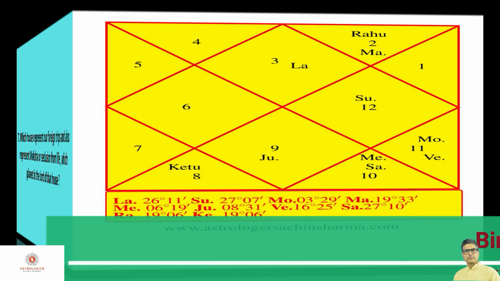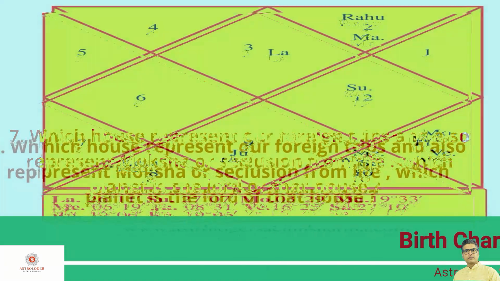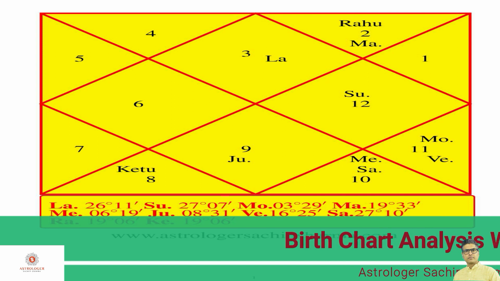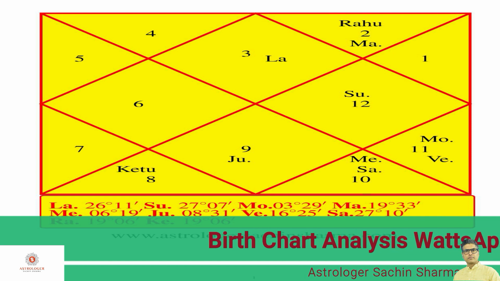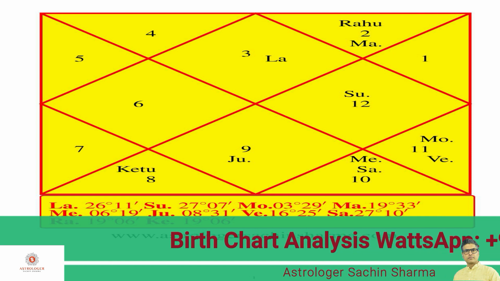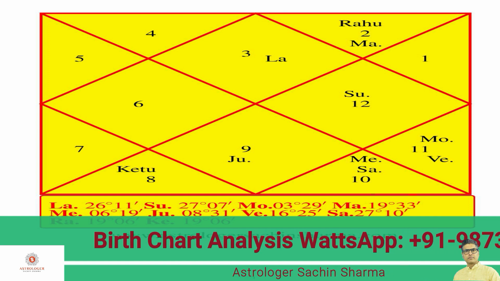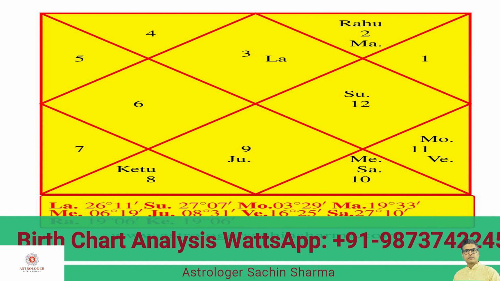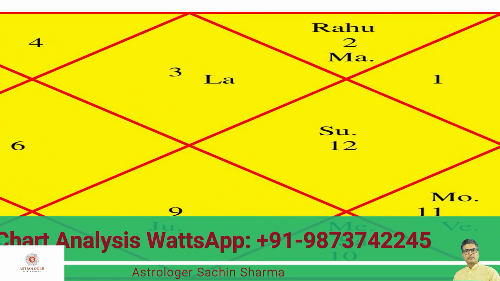Next question. Which house represents our foreign trips and also represents moksha or seclusion from life, and which planet is the lord of this house? As we know, the 12th house is the karaka of moksha.